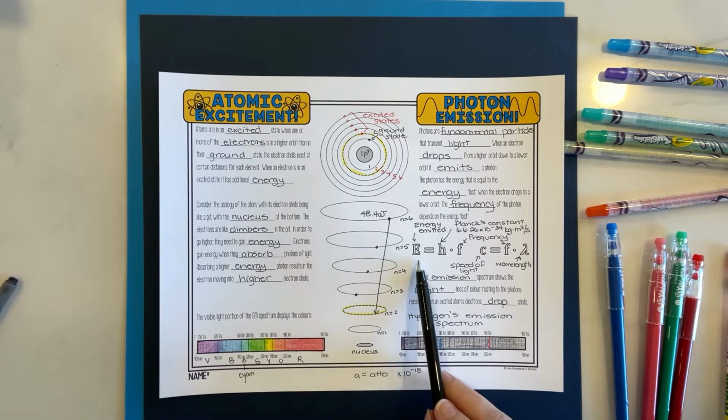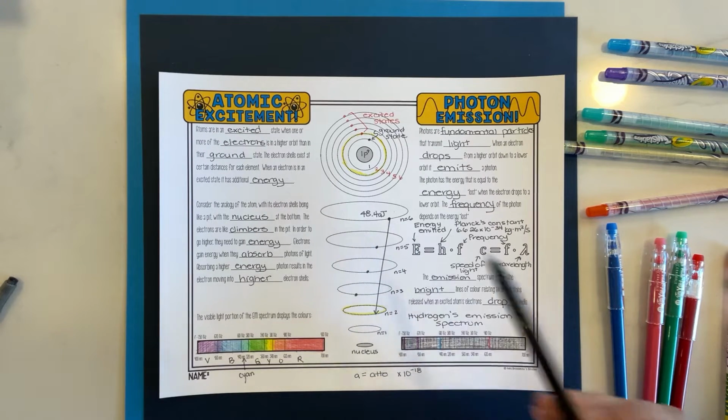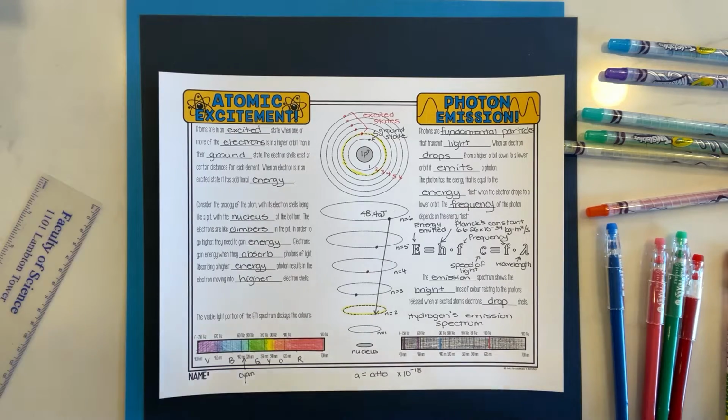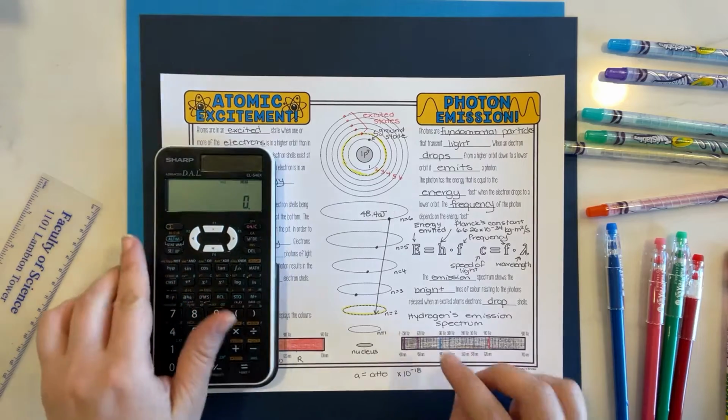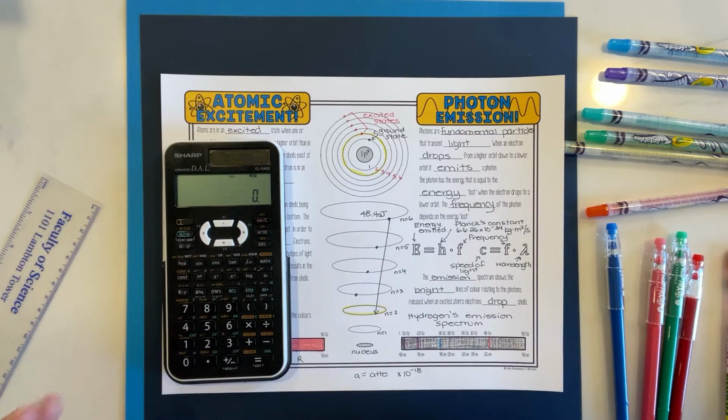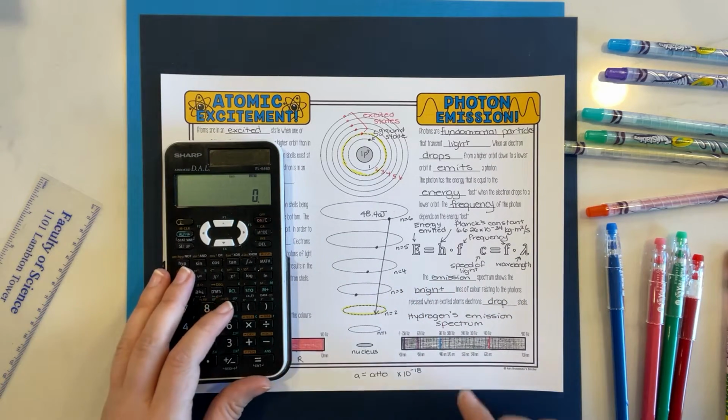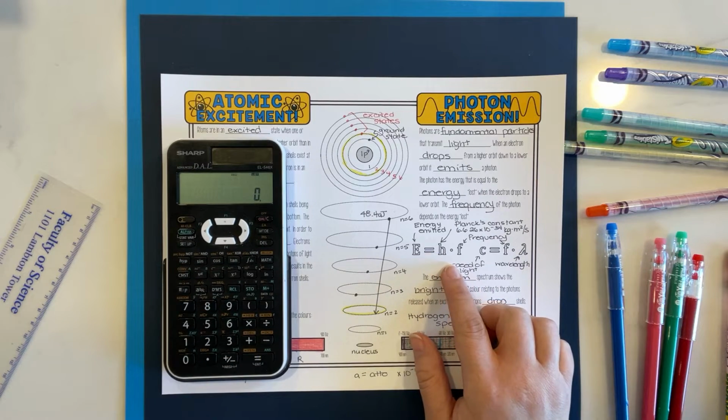But when you use this equation here, you can determine the frequency of a photon that has 48.4 attojoules. That 48.4 attojoules is a really small amount. We can use this equation to determine the frequency of that emitted photon.